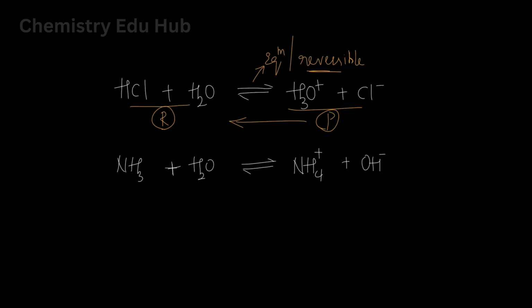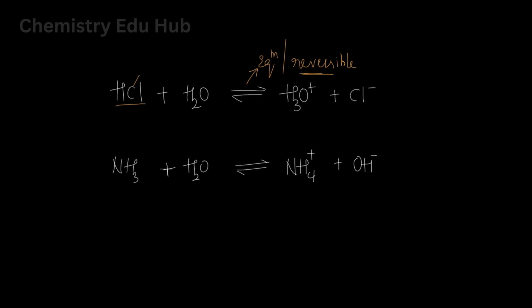Now, here we know that HCl is an acid and ammonia is a base. So, what is happening here? Ammonia and acid are added to the water. You can see HCl turning into Cl minus. That means HCl is donating a proton, that is H plus, to water, and it is turning into Cl minus.